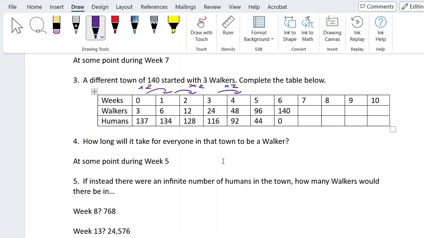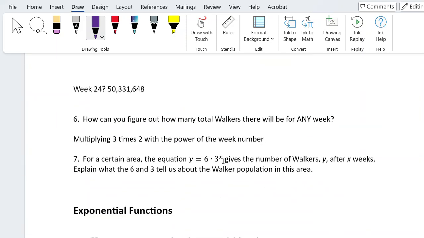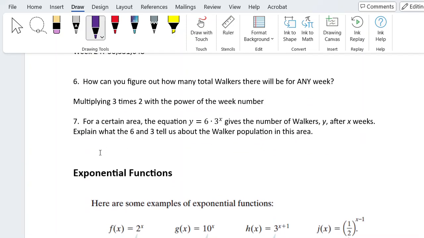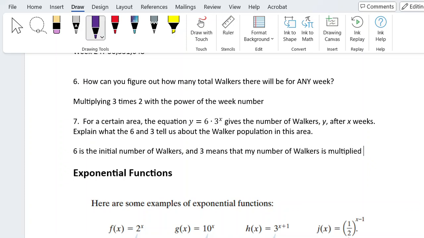Each week it was multiplied by 2. So for this equation, 6 is going to be the initial number of walkers. And 3 means that my number of walkers is multiplied by 3 or tripled.